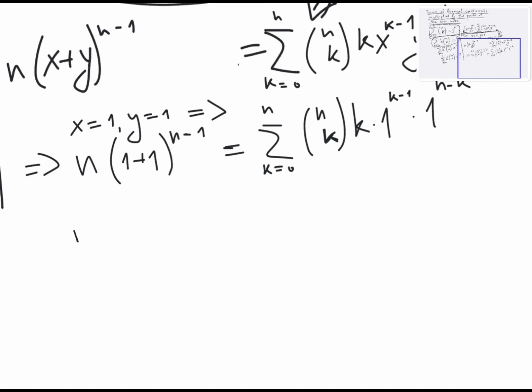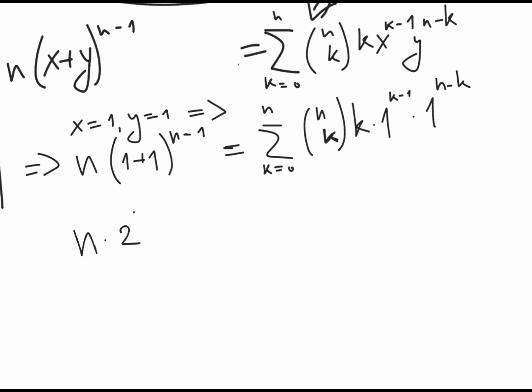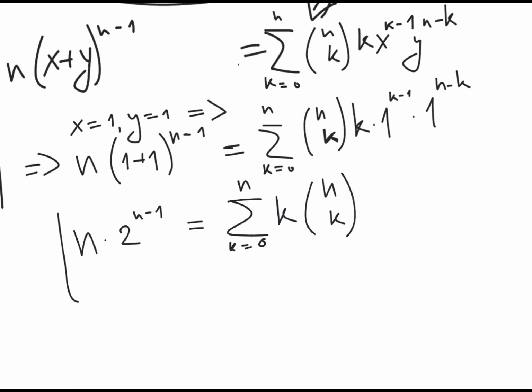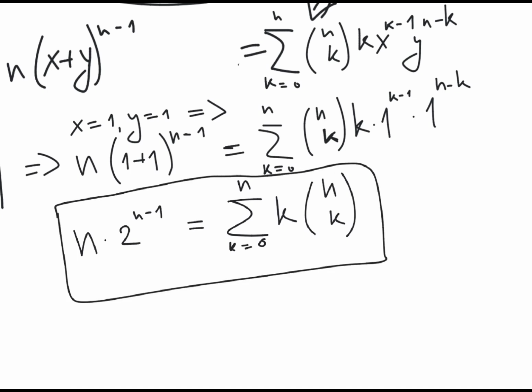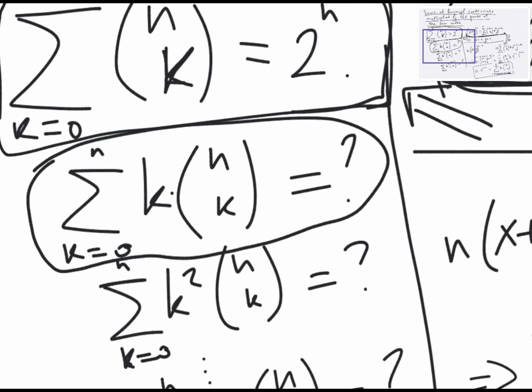Basically n multiplied by 2 to the power n minus 1 is equal to the sum for k from 0 to n of k times the binomial coefficient n choose k. This is exactly the sum that we needed to calculate.